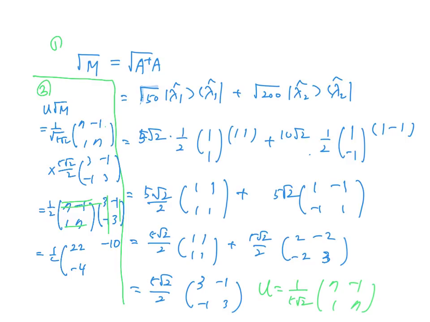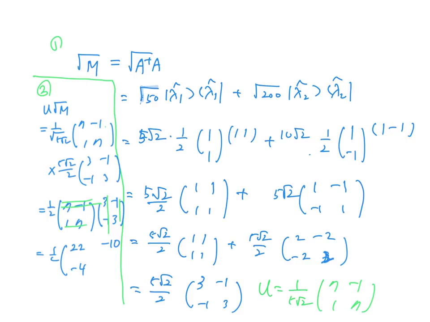Let's see where I made a mistake. Oh, it's 2. It's 2. Still, 3 minus 3. And u was, let me check.